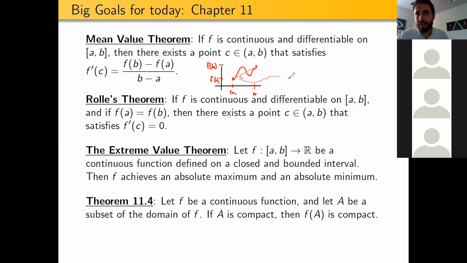The slope of that line is the change in height, f of b minus f of a, divided by the change in x values, and that's b minus a.